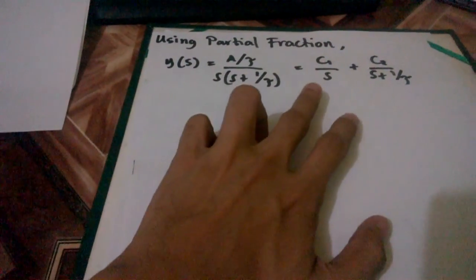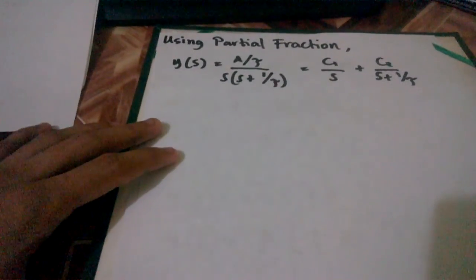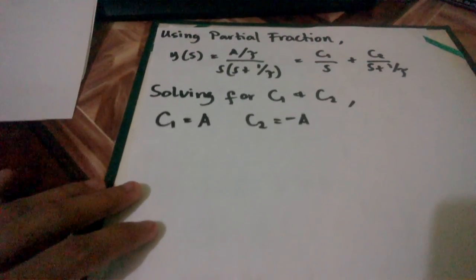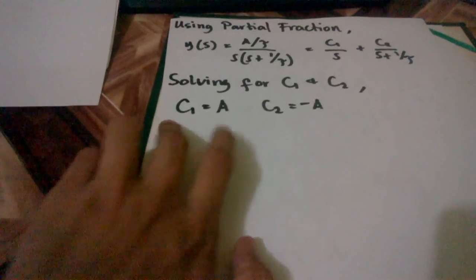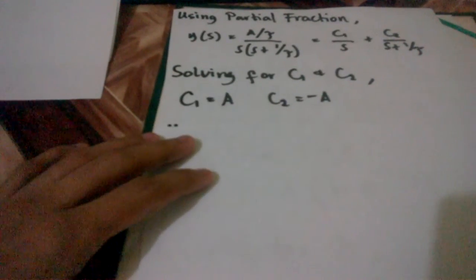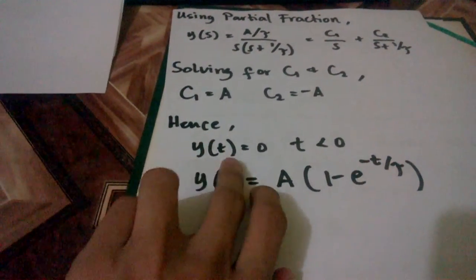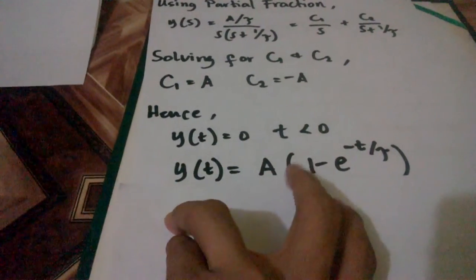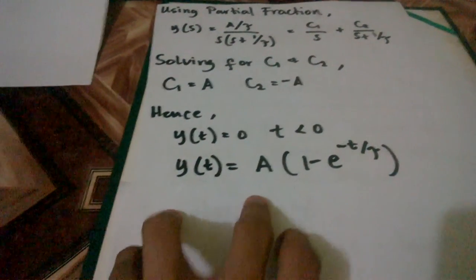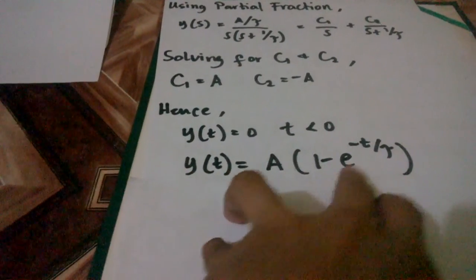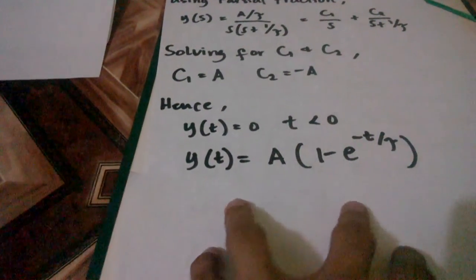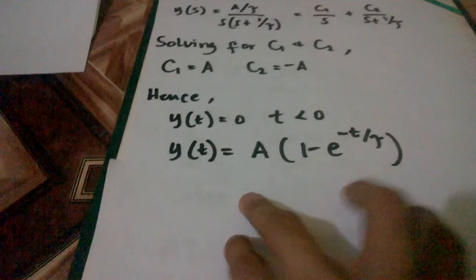Now we need to solve for C1 and C2. Solving, we get C1 is equal to A and C2 is just equal to negative A. So we can conclude that y of t is just equal to 0 at t less than 0, and y of t is just equal to a times 1 minus e to the negative t over tau at t greater than or equal to 0.